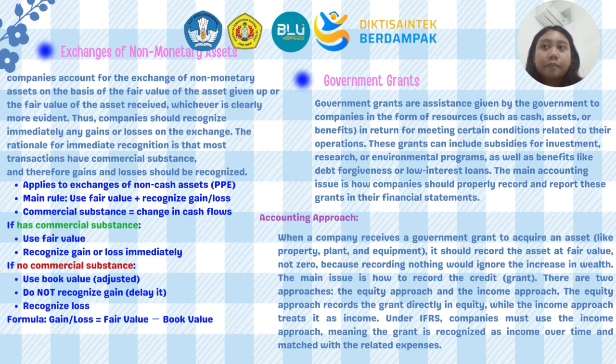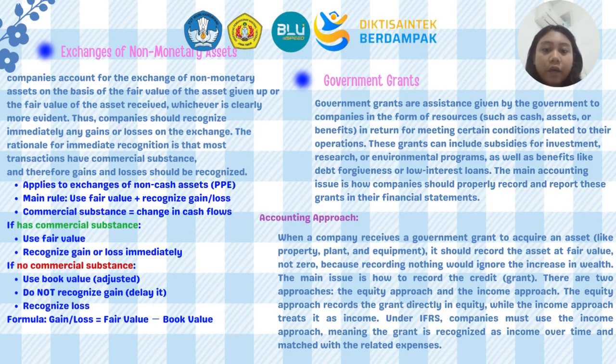So this is the key: commercial substance or no commercial substance. The first one applies to exchange of non-cash assets or PPE, and the main rule is fair value plus recognized gain or loss. Commercial substance is equivalent to a change in cash flow.